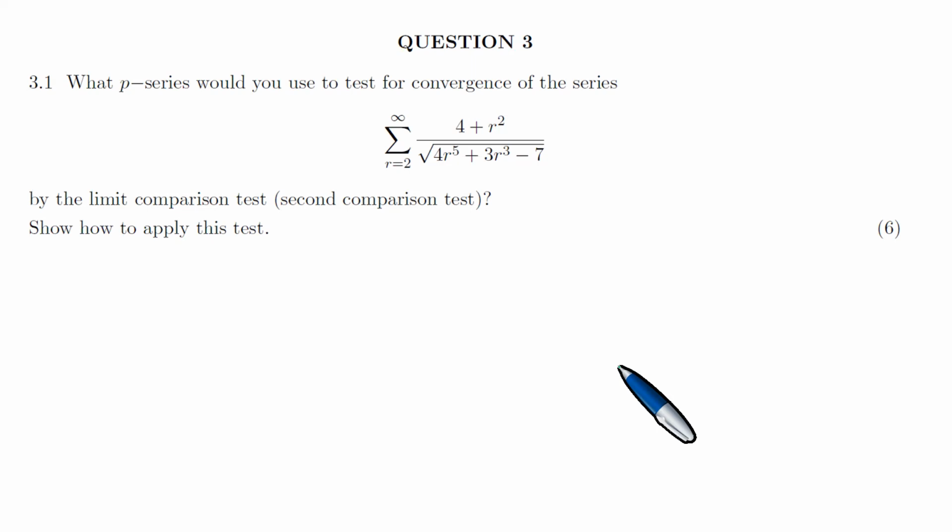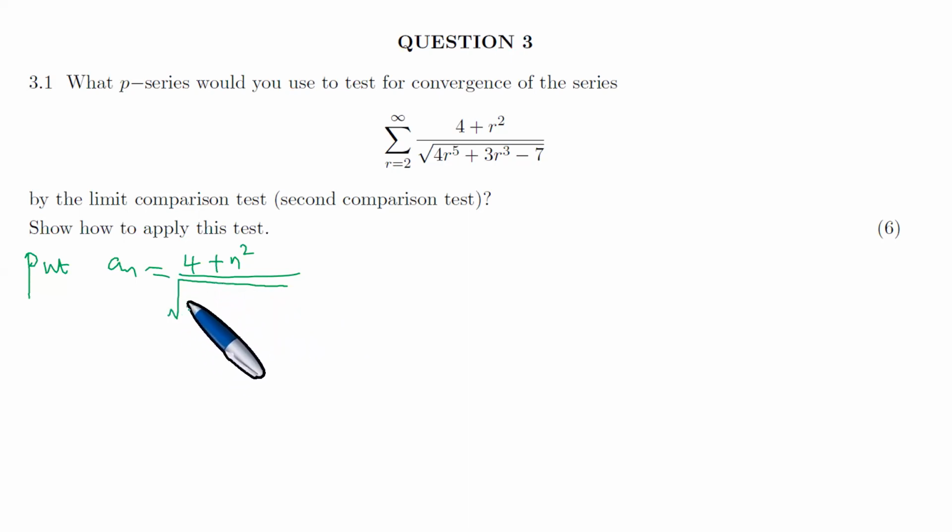Okay. This is how we're gonna do this one. Right. So first, we're gonna say put an divided by 4n squared, 4n to the fifth power, 3n cubed.